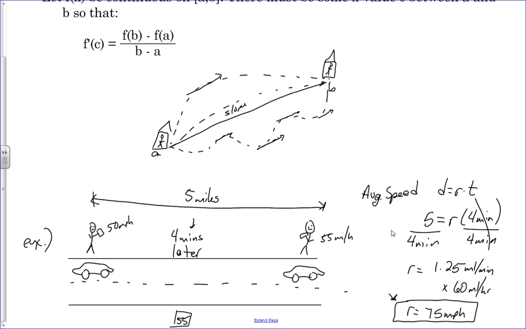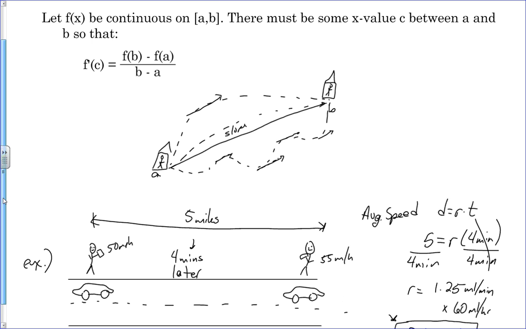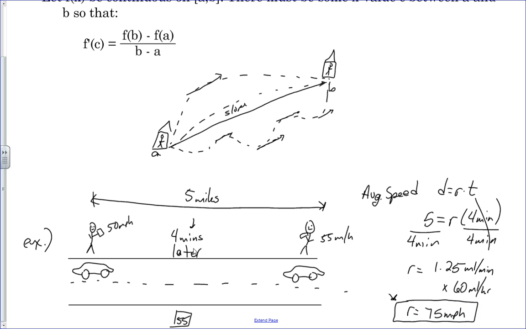So that is what the mean value theorem can help you do. It can help you get the average speed between 2 points. Of course, there are other uses for it. This is one of the big ones, to prove that cars are speeding.